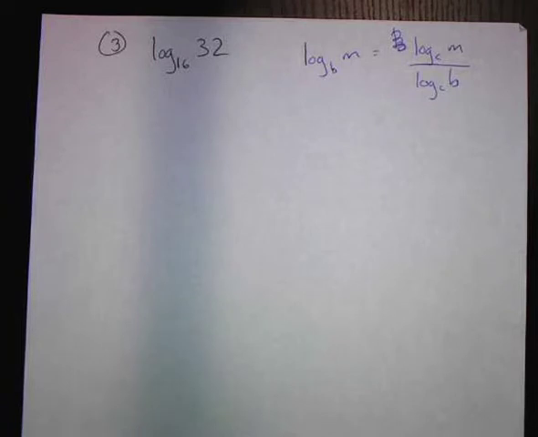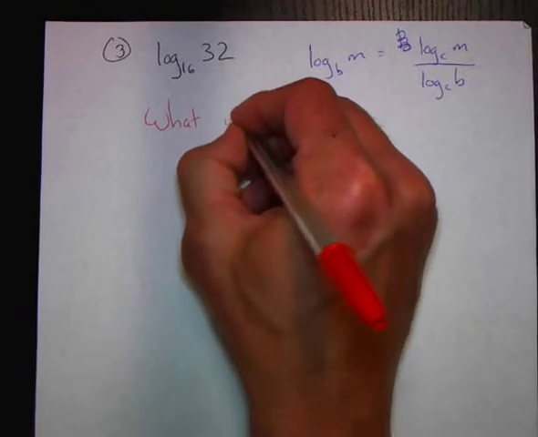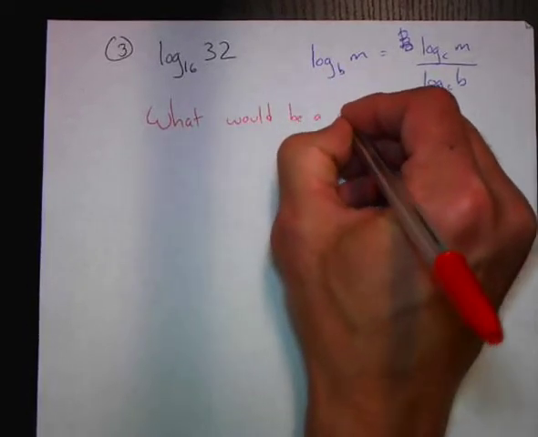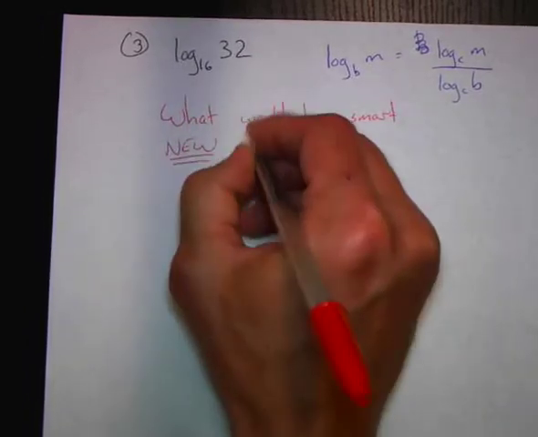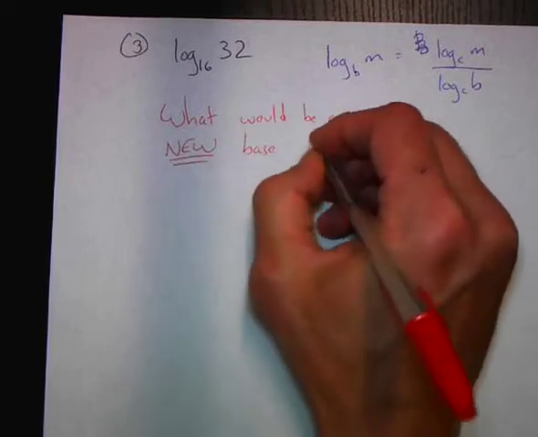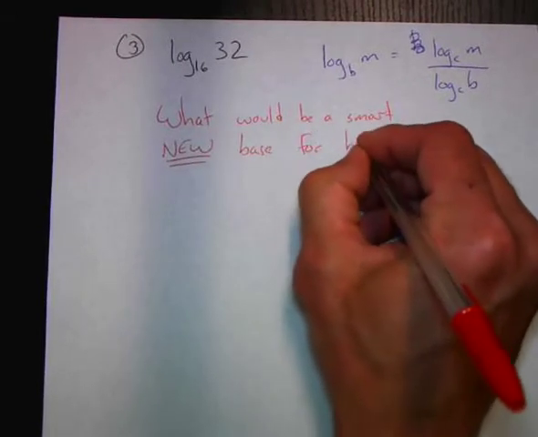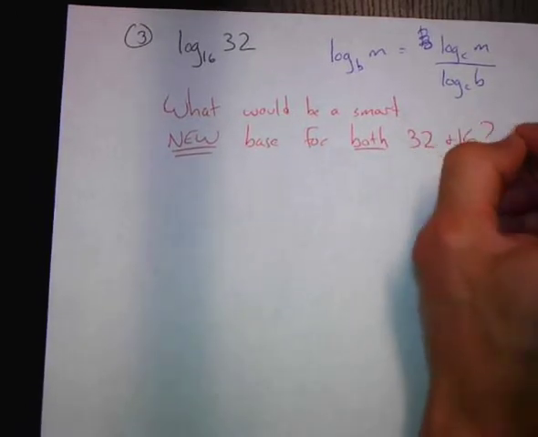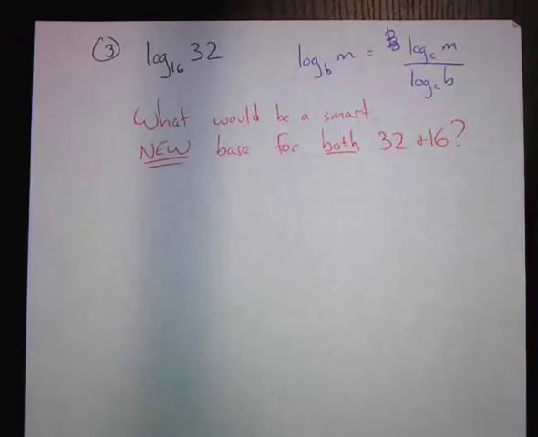Here's the main question: what would be a smart new base we could use for both 32 and 16? This is a great question, and I love this question. It's going to come back too.